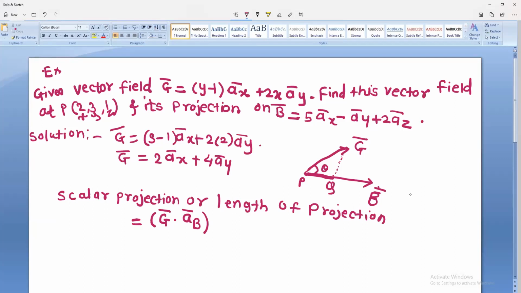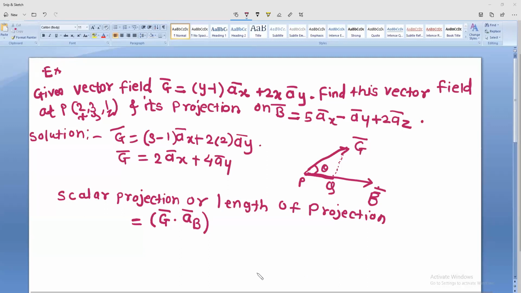Any vector is equal to its magnitude into direction. Then how is direction given? Direction is equal to vector divided by its magnitude.